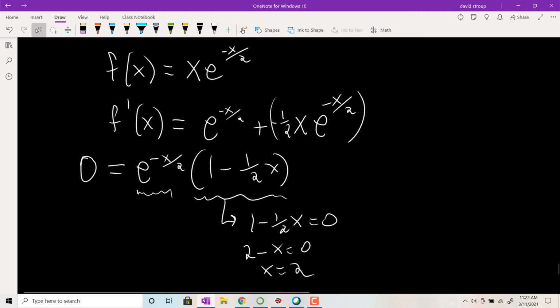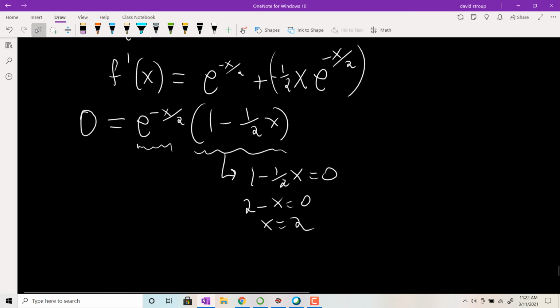And that's why I'm starting beyond 3. Because the only critical value is at 2 and there's no asymptotes or anything to deal with, if I just go beyond 2, it's always going to have the same kind of behavior. It's always going to be going up or always going to be going down.